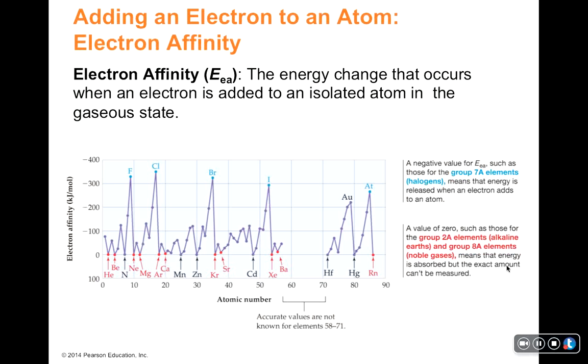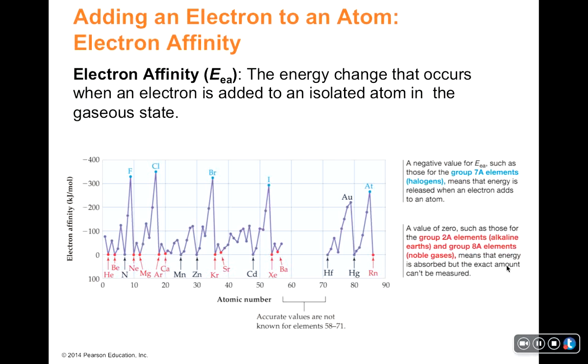Okay, the other concept here is electron affinity. This is essentially the reverse. I like to think of this, or call this, electron love. And so this is the energy change that occurs when an electron is added to an atom. So in ionization energy, recall we were looking at what's the energy that's needed to remove an electron from an atom.